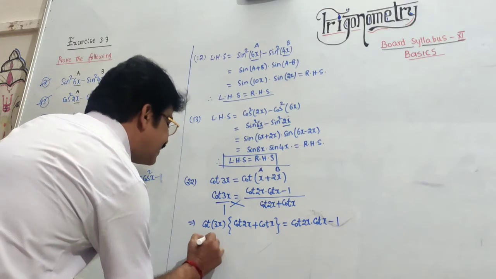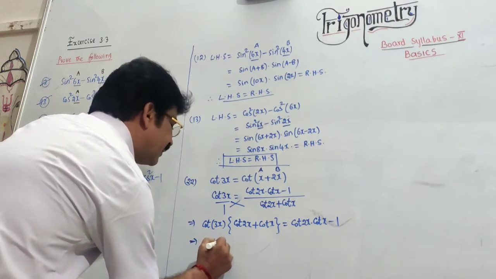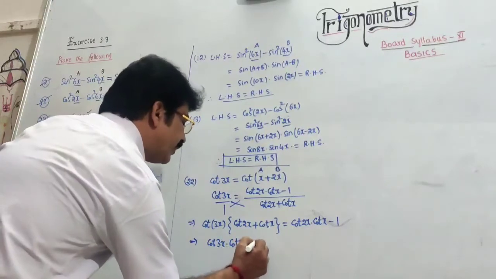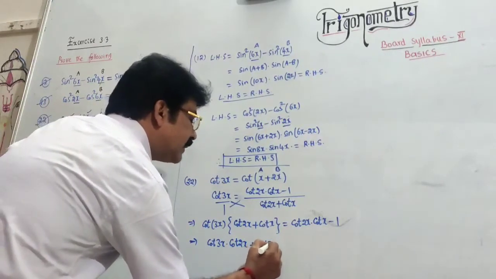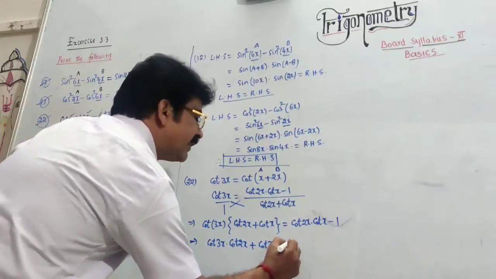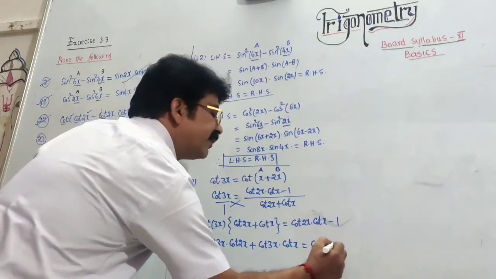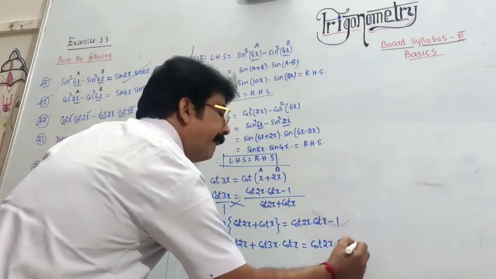So that implies multiplication: cot 3x into cot 2x plus cot 3x into cot x is equal to cot 2x into cot x minus 1.